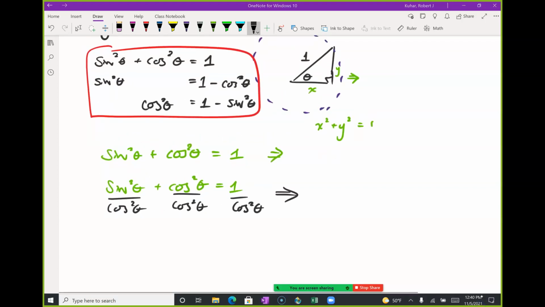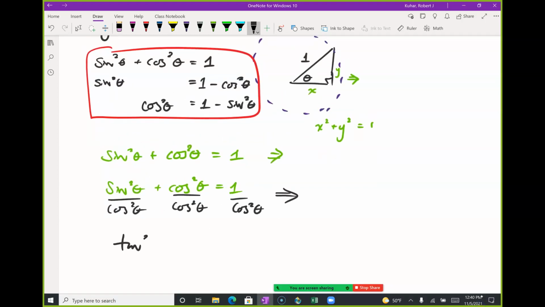And so what do I get here? I get tan squared theta plus 1 equals, what's 1 over cosine? Good, secant. Very good, class. So I get tan squared theta plus 1 equals secant squared theta.